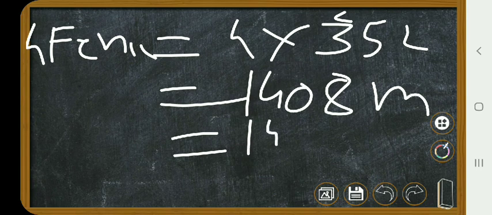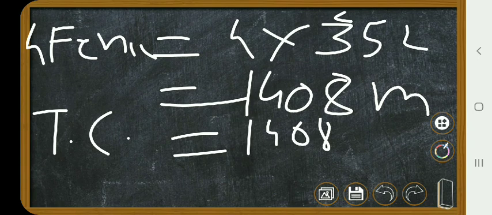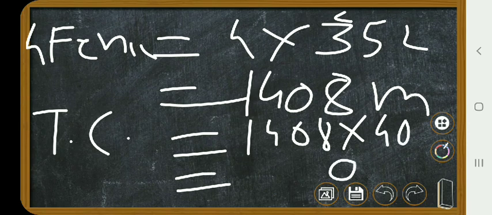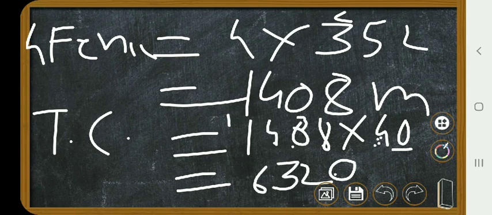To find the total cost, we'll multiply the total length of the fence with 40. 0 times 4, this 0 will stay as it is. 4 eights are 32, carry 3, 4 zeros are 0 and 3 is 3, 4 fours are 16, carry 1, 4 ones are 4 and 1. So it will cost 56,320 rupees for the fence. Hope you have understood this.